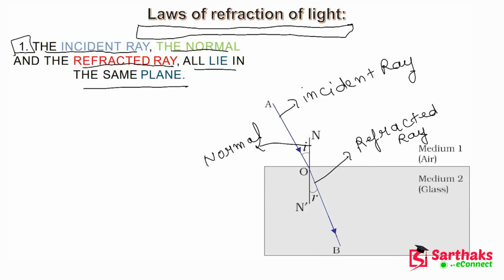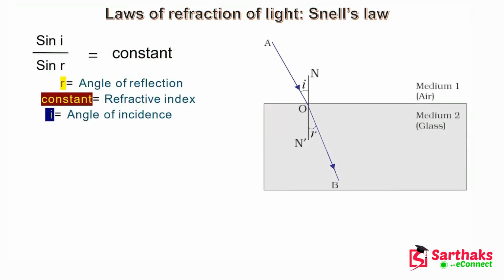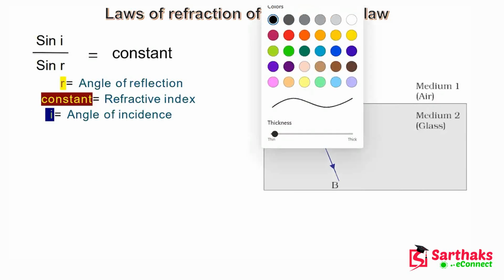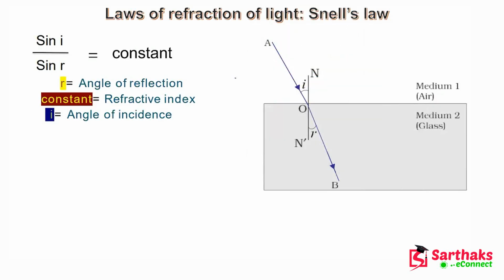So now let's move on to the next rule, and that is Snell's law. It is very, very important. So what does it say? It says that the sine of i, meaning sine of angle of incidence, and sine of r, where r here is the angle of refraction.